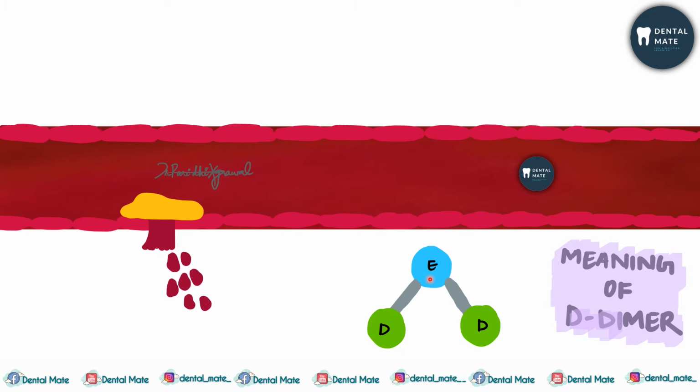Okay, why is it called D-dimer? This is because two fragments of D are joined by a cross-link. See, these two fragments joined by a cross-link, so this is known as D-dimer.